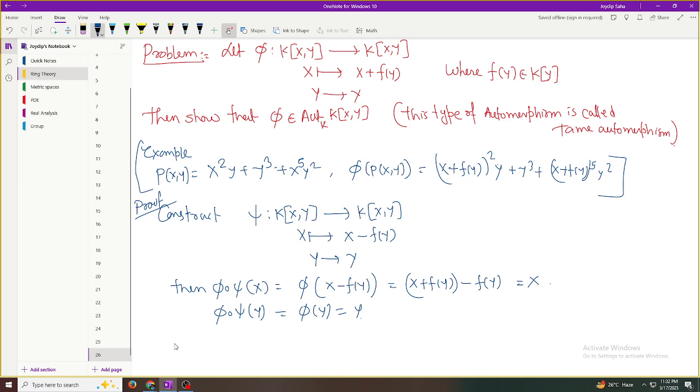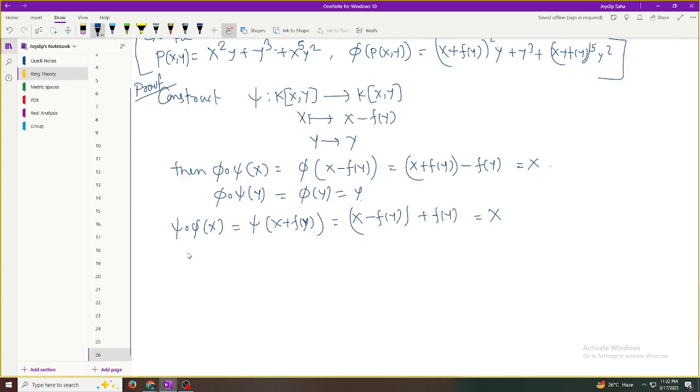and conversely psi composed with phi of x goes to psi of x plus f(y), x minus f(y) plus f(y), that is x, and psi composed with phi of y is psi of y, that is y.